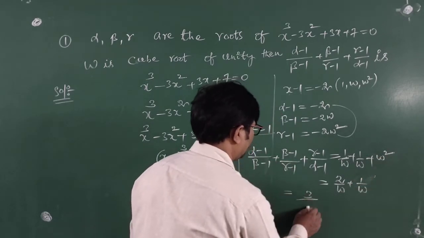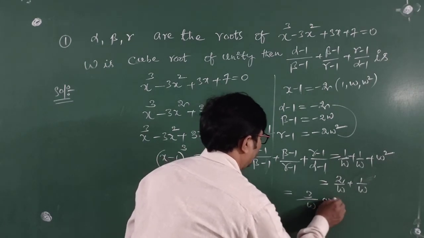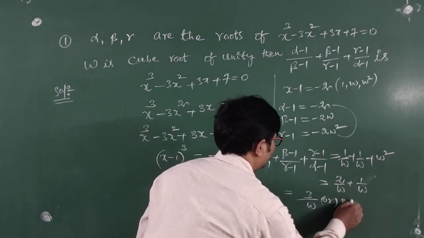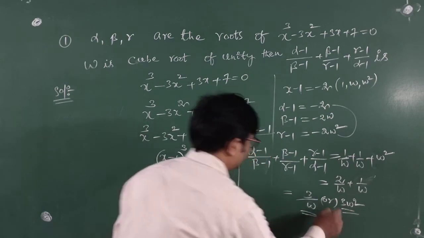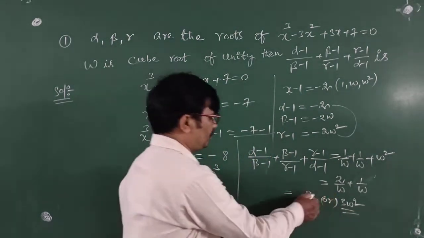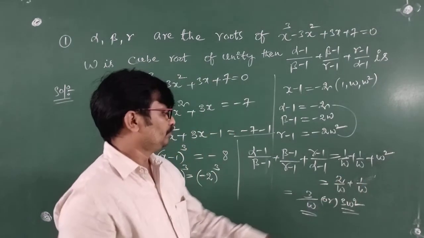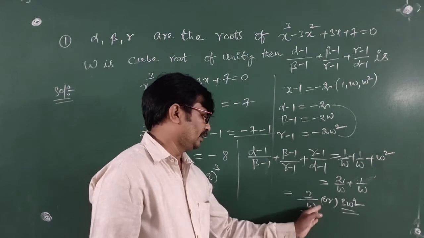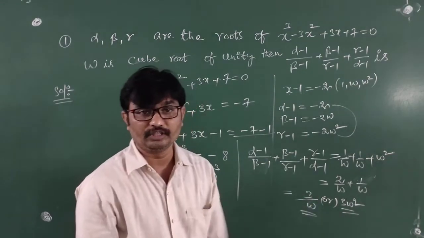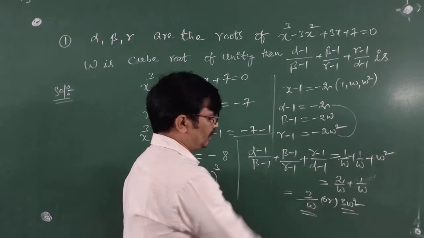So this is 3 by omega or 3 omega square. Multiplying numerator and denominator with omega square, omega into omega square is omega cube.